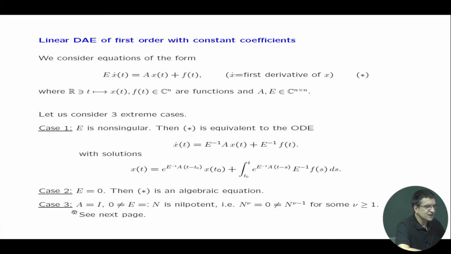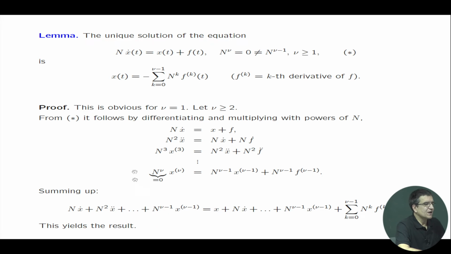And the interesting case was that the matrix A is the identity matrix, and the matrix E is a nilpotent matrix, which is not the zero matrix. For this case, we got the result that we have only one solution independently of the initial conditions.